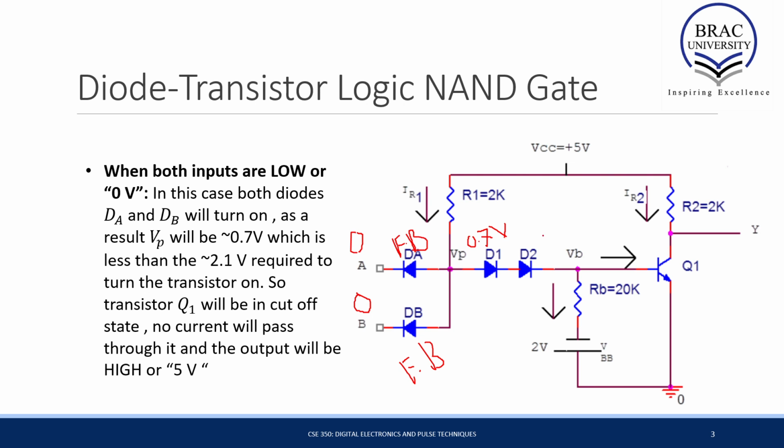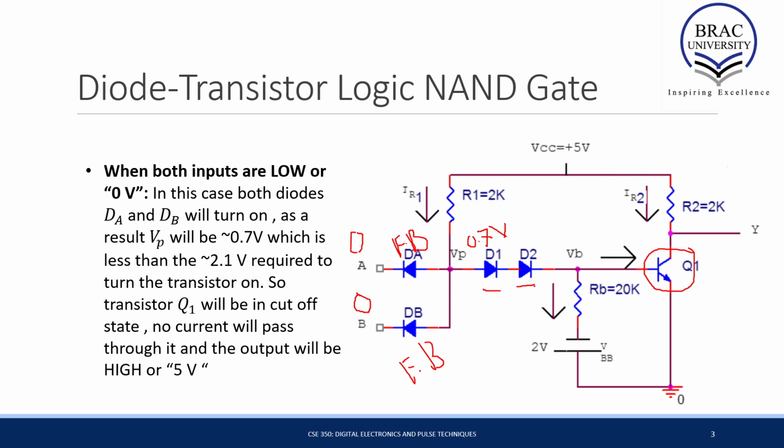But to turn this transistor Q1 on, we will need approximately 2.1 volt at this point Vp. So why 2.1 volt? Here we can see two diodes, D1 and D2. We know that to turn on a diode, or to make it forward biased, the voltage difference between the anode and cathode has to be 0.7 volt.